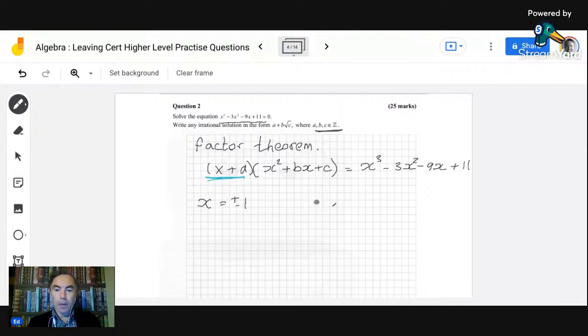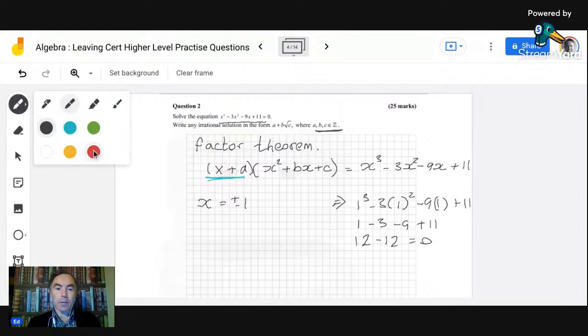So if we look at it over here now, we will have 1 cubed minus 3 brackets 1 squared minus 9 by 1 plus 11, and that will give us 1 minus 3 minus 9 plus 11, which is 12 minus 12, which is equal to 0. Therefore, x is equal to 1 is a root.